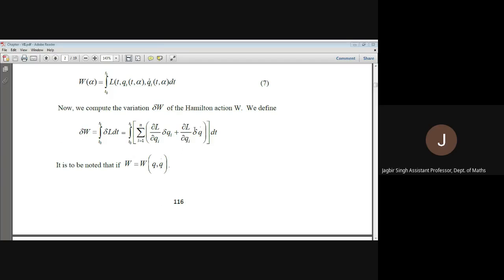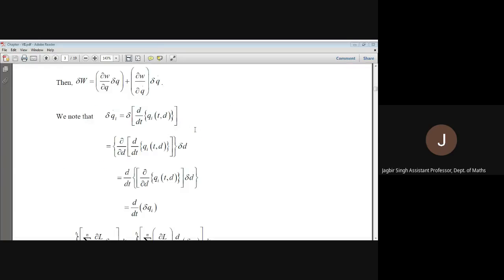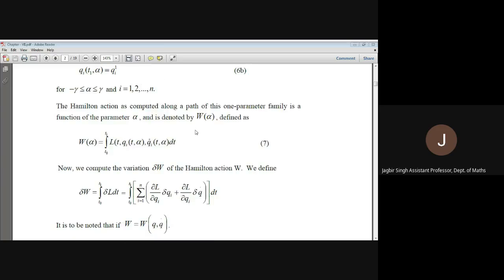Replace this in delta W, right hand side of delta W. What will we obtain on the right hand side? We have integration t0 to t1, summation i from 1 to n, curly L by curly Qi del Qi plus curly L by curly Qi dot d by dt of del Qi dt.